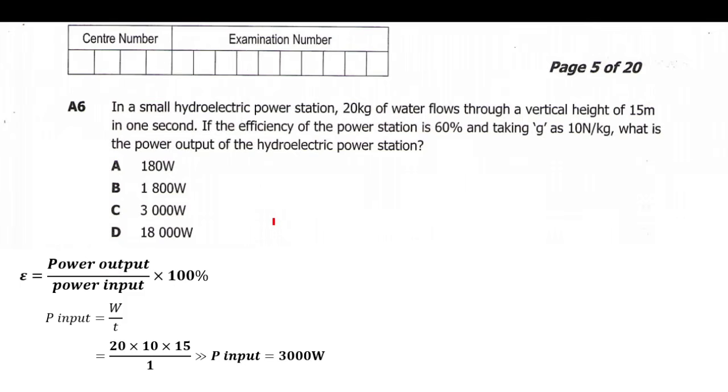So having found our power input, we are now going to make power output the subject of the formula as shown. So power output is equal to efficiency times power input over 100. What I've done, I've just made this the subject of the formula. So if you are not sure how I did this, you can make a request in the comments, so that in my next video I will show you how I made power output the subject of the formula.